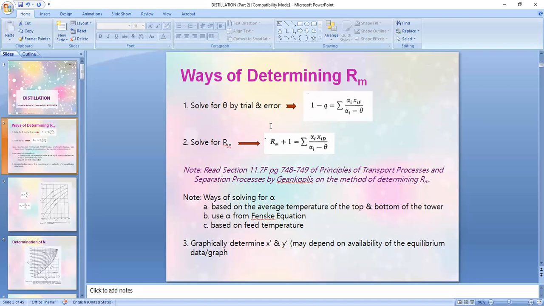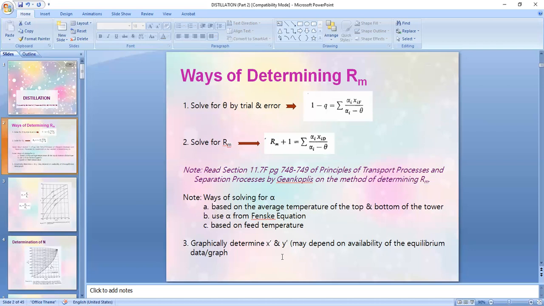You determine your R sub M using this particular formula. Now, if you determined the X prime and the Y prime graphically, since you already have the curve, let's say you have it in the book or a reference with a curve beside you, then you can determine the minimum number of stages there.